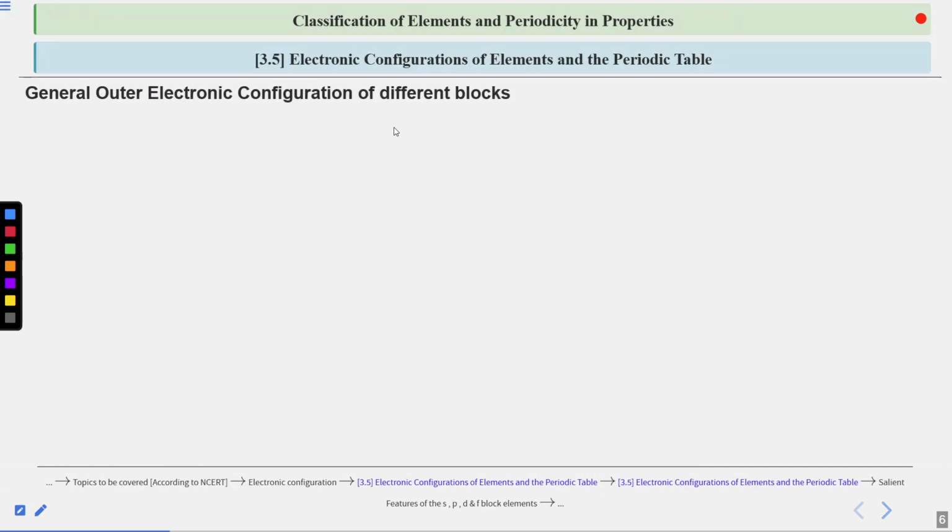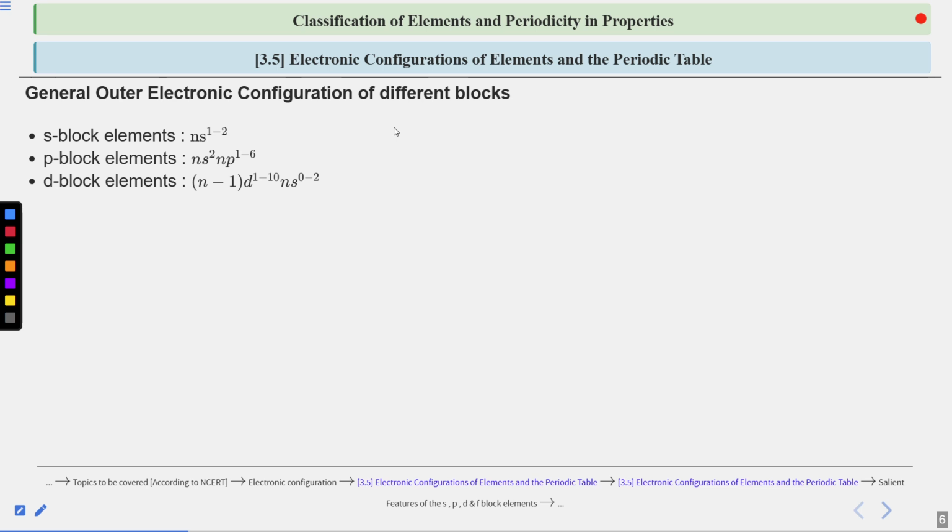The most important part regarding these blocks is their outer electronic configuration. For every S block element, the outer electronic configuration is ns1 to 2. Then for P block element, it is a fully filled s orbital, or you would say s subshell, and in that same energy shell we have the p subshell, in which the electrons are filled from 1 to 6.